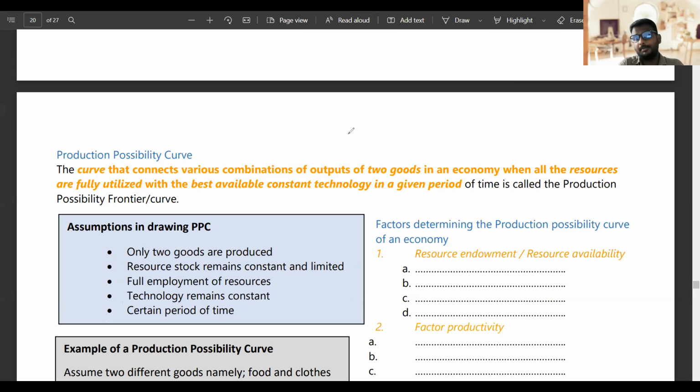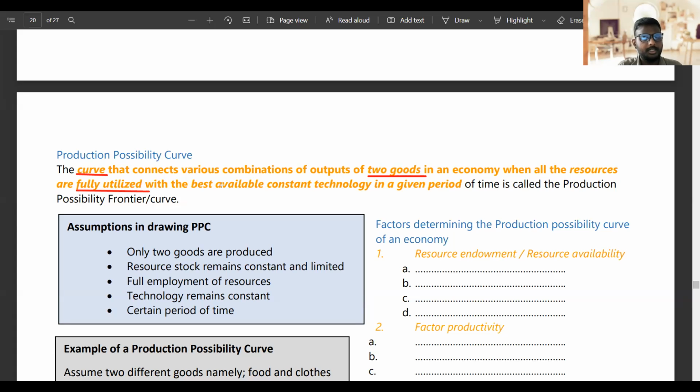Right. And remember, you don't have to give a word by word definition of what you are seeing here. When you're writing the definition, you have to say, obviously, it's a curve that shows or connects various combinations of these 2 goods. 2 goods are very important because it's part of the definition. You have to mention full employment in some way.